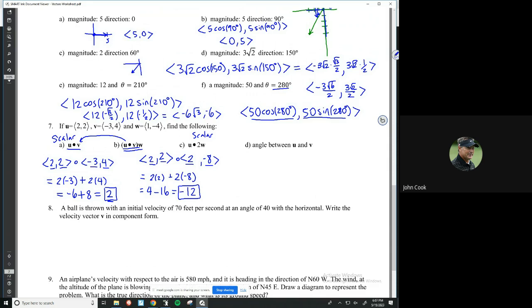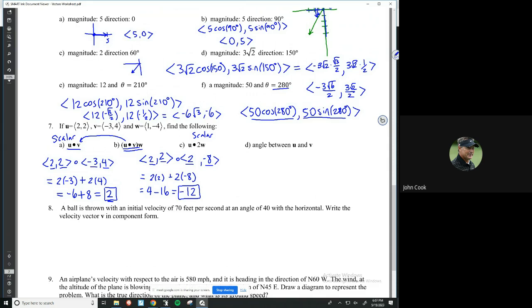All right. Angle between two vectors. There we go. Oh, yeah, it is just cosine. Okay. Oh, that's embarrassing. So the dot product is equal to the cosine.